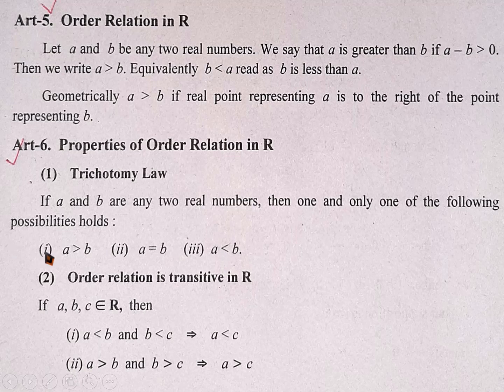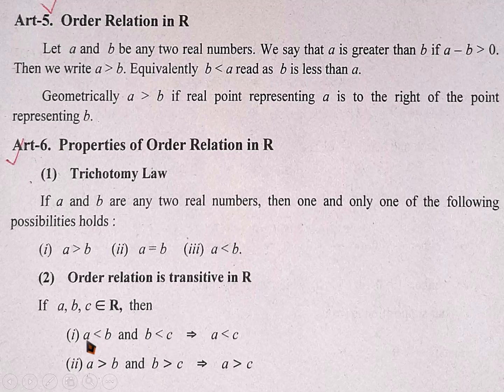So the order relation is transitive in R. For example, if A is less than B and B is less than C, then A is also less than C.